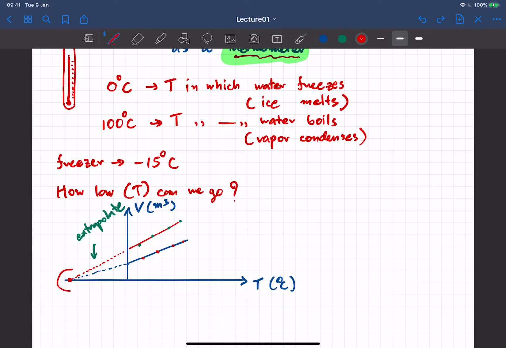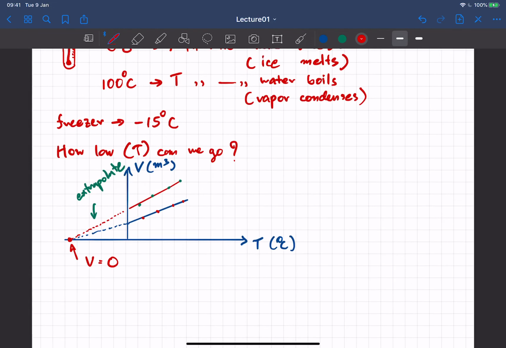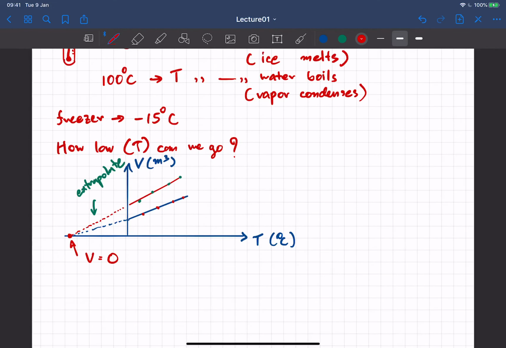So what is this point? That point is when the volume of the gas equals 0. That means you cannot go any lower than this. The volume is already 0. You cannot go to negative volume. I don't know what that would even mean.